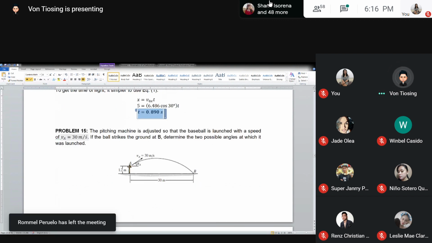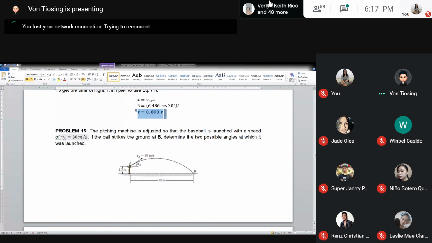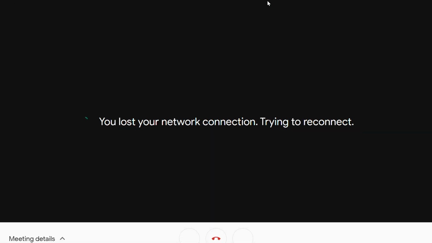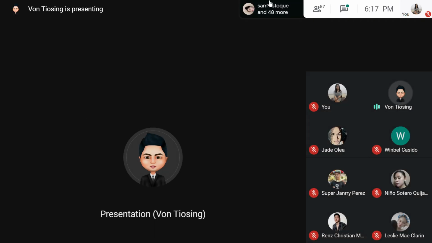The pitching machine adjusted so that the baseball is launched.